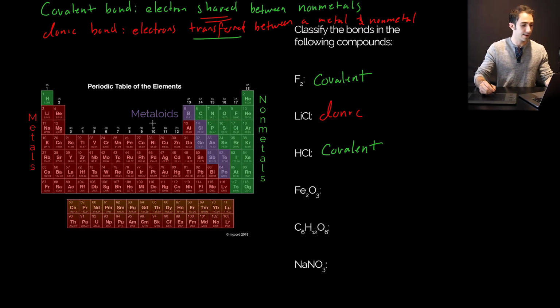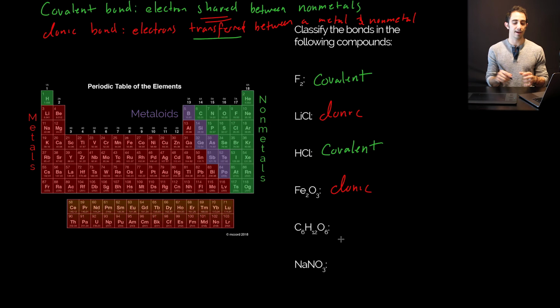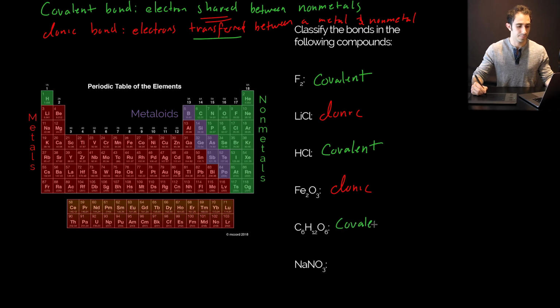And that is iron, which is actually right here on the periodic table, and oxygen, which is definitely a nonmetal. So metal, nonmetal, definitely going to be ionic. So C6H12O6, that's actually a sugar, and it's going to be composed of carbon, nonmetal, hydrogen, nonmetal, and oxygen, nonmetal. All nonmetals, definitely, it's got to be covalent.